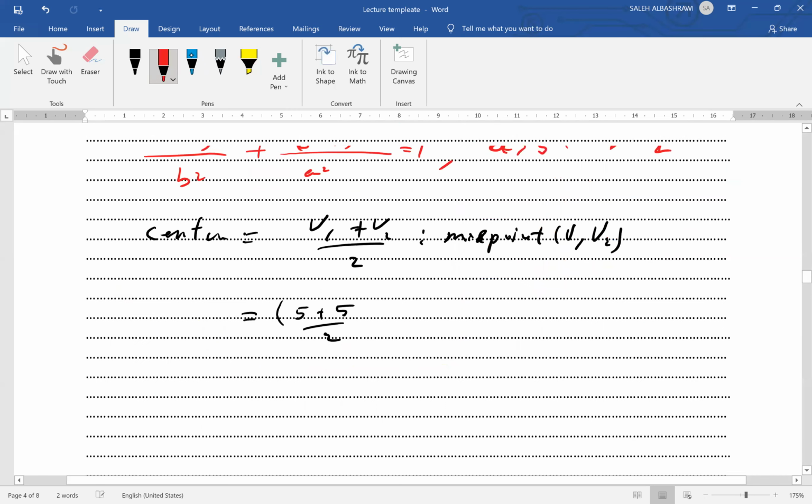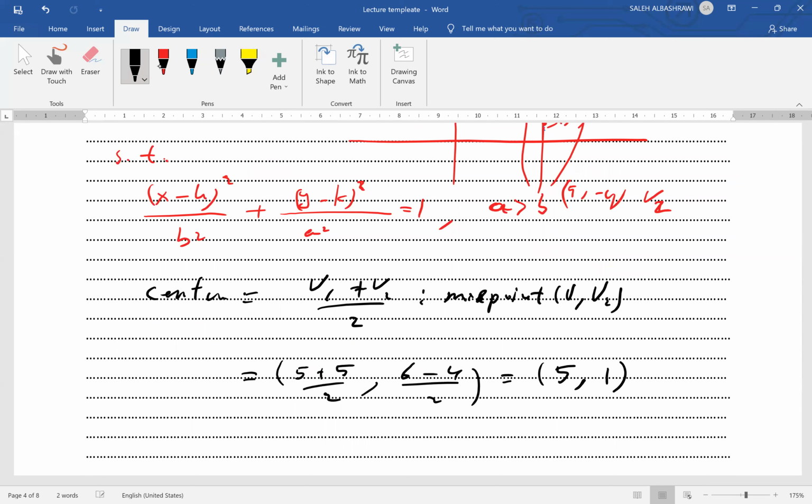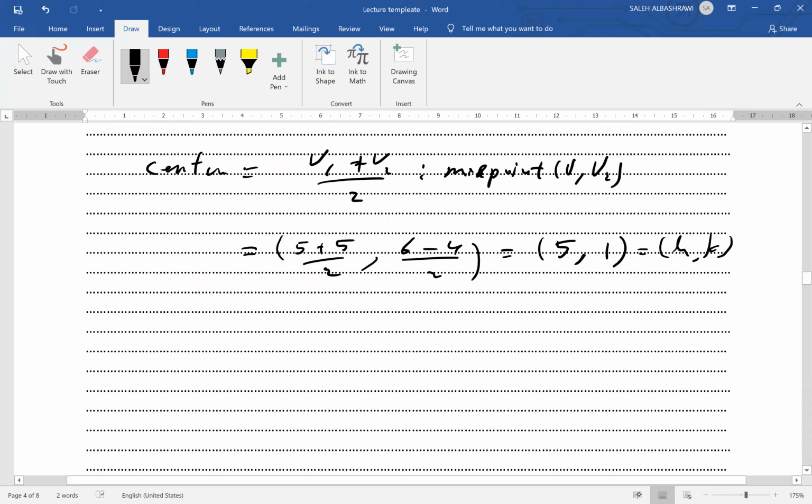So it is 5 plus 5 over 2 and 6 minus 4 divided by 2. So it is 5 and 1. So the center is given by 5 and 1, which is h and k. So we found h and we found k. h is equal to 5 and k is equal to 1.